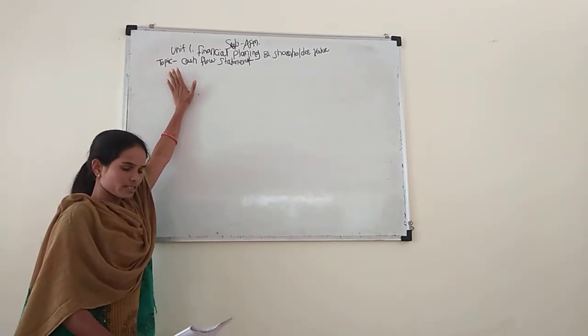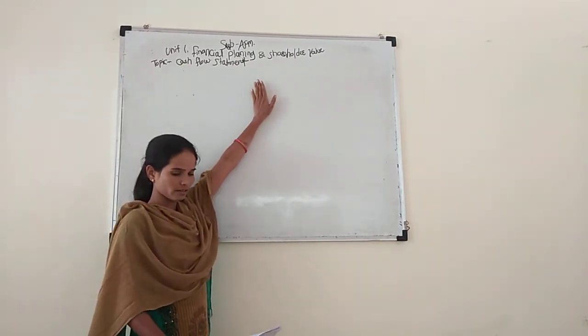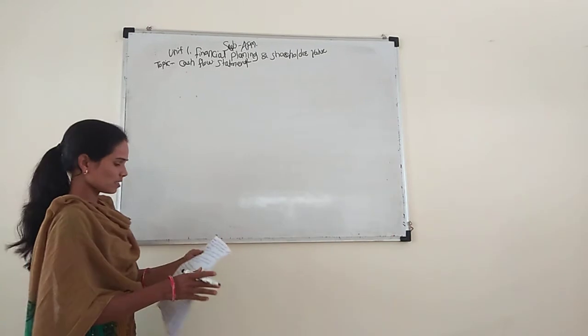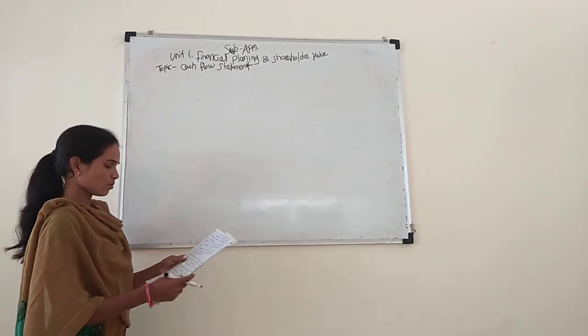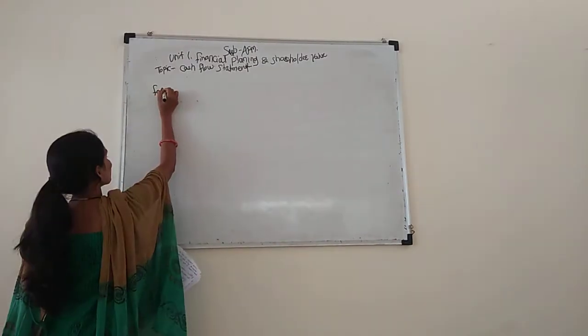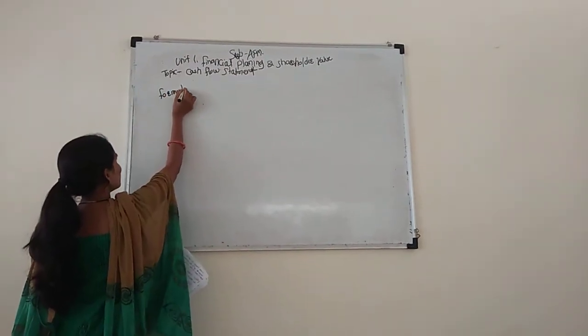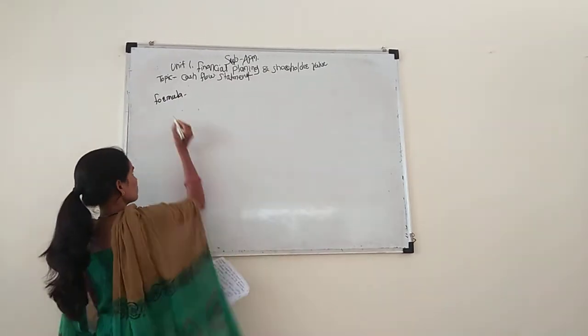In the previous lecture we discussed net profit before tax and extraordinary item, and today's lecture discusses cash from operating activities.